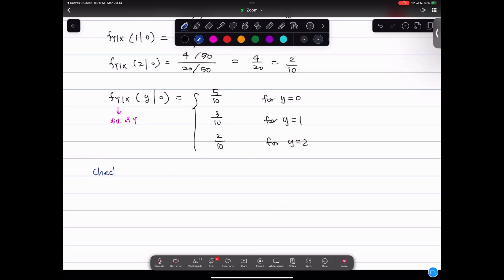You can also do f of y given x, with x being fixed at 1. So when you have time, check yourself. You should be getting 3 over 6, 2 over 6, and 1 over 6 for y value of 1, y value of 2, and y value of 3.